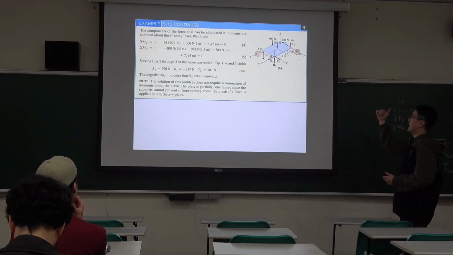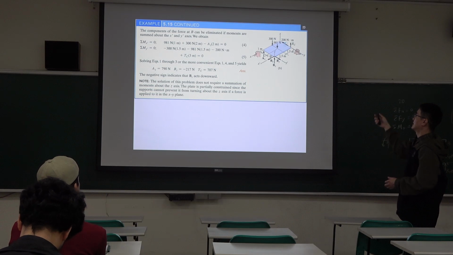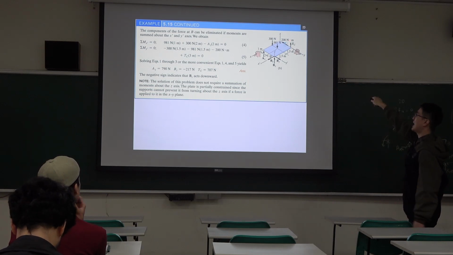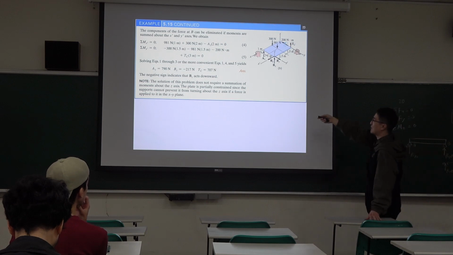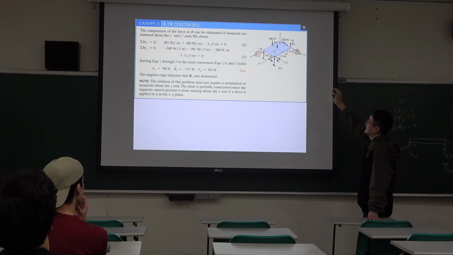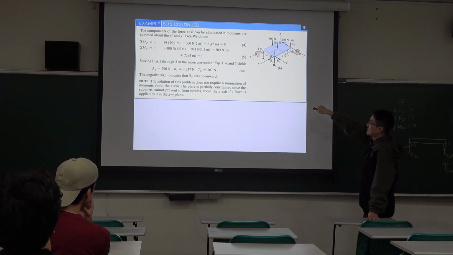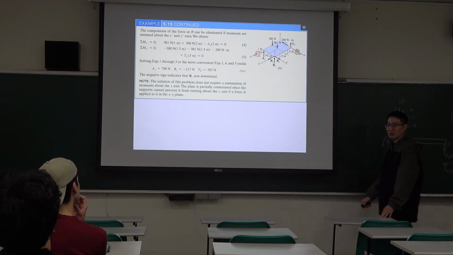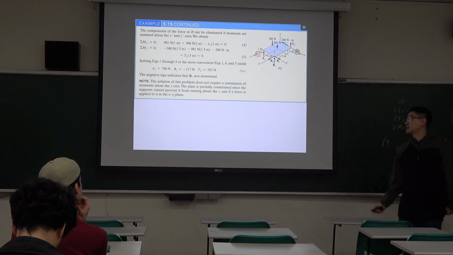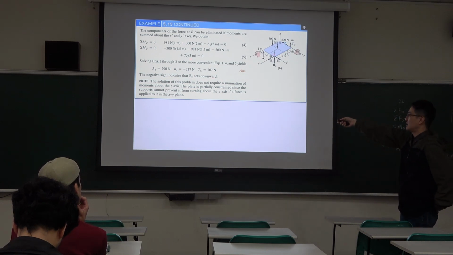Okay, for the y plot, the same, 200 is negative, and TC is counterclockwise. The level arm is 3, and 300 is a clockwise moment, so negative. The level arm is 1.5, and 981 also gives a negative contribution. So we can work out TC.